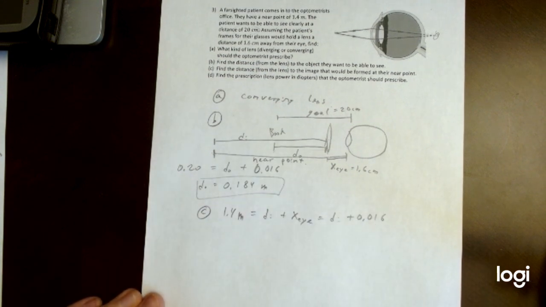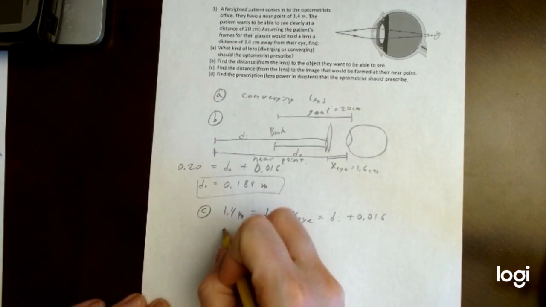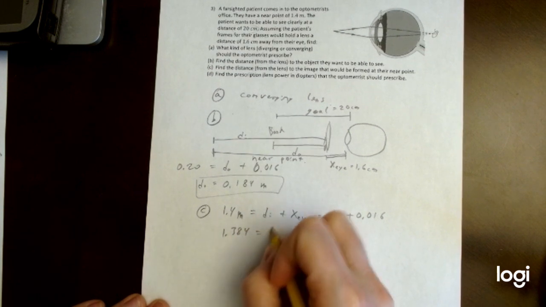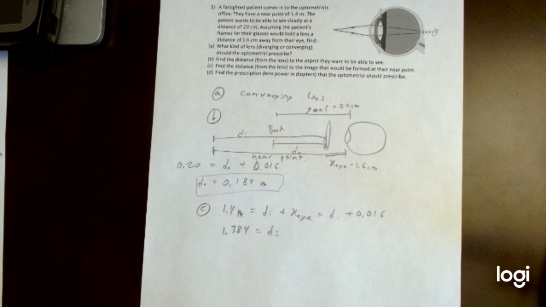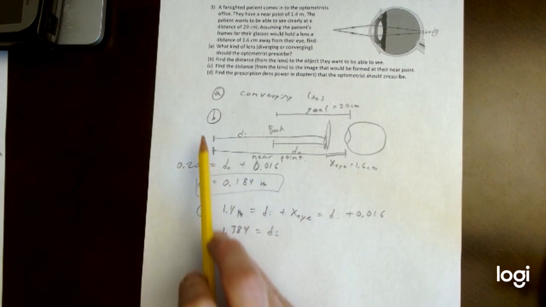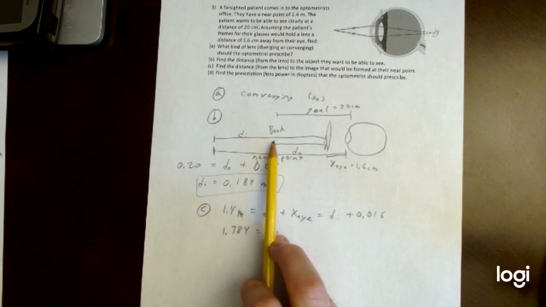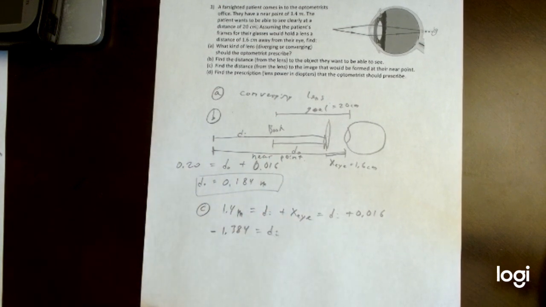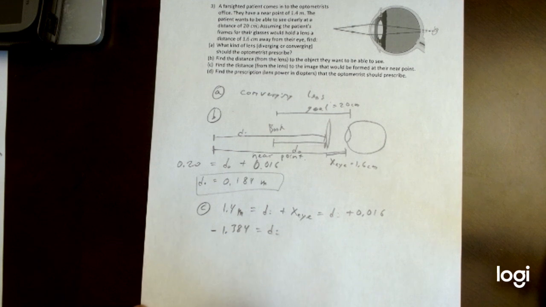So we would subtract 0.016 from both sides and get 1.384 for the image distance. But here we have to be careful because the image is on the same side of the lens as the object. So we actually have to make this negative to correctly account for the signs here.